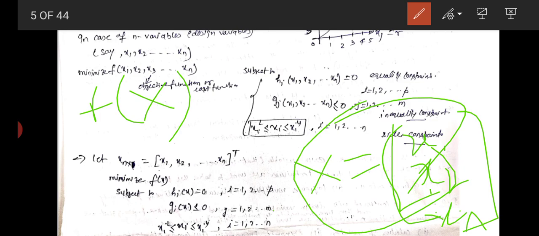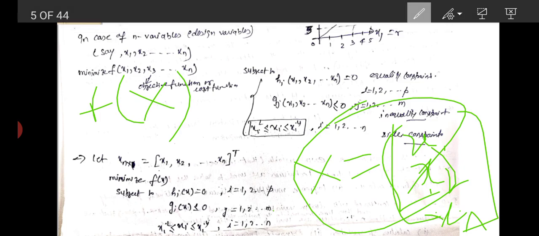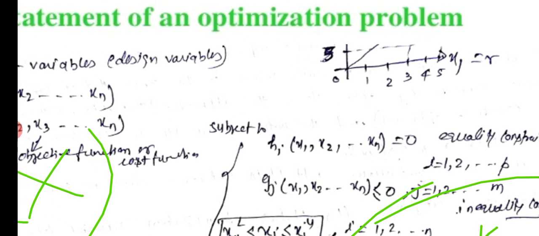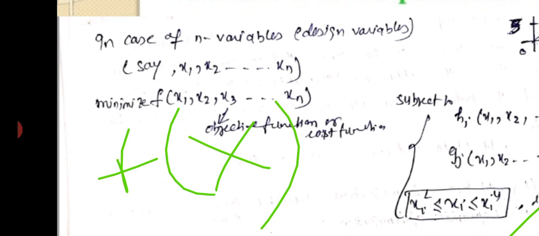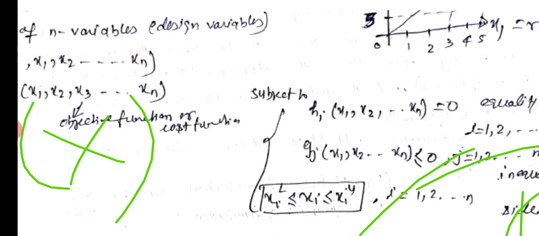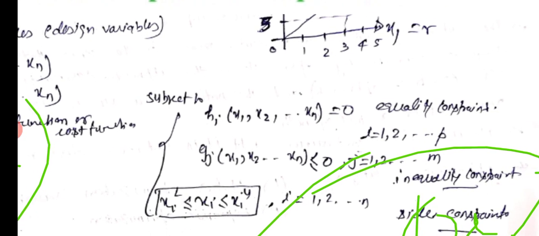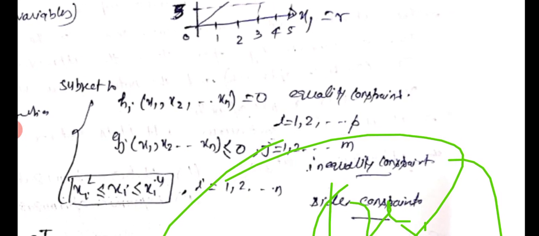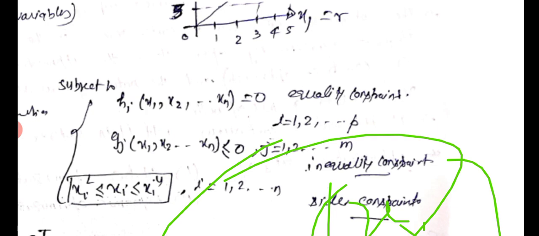So our objective function, or cost function, is defined as f(x), and our target is to minimize this f(x). However, it is subject to some boundary conditions, which have three parts. First is the equality constraint, that is hi(x1 to xn) equal to 0, and gj(x1 to xn) less than or equal to 0, where j varies from 1 to m.